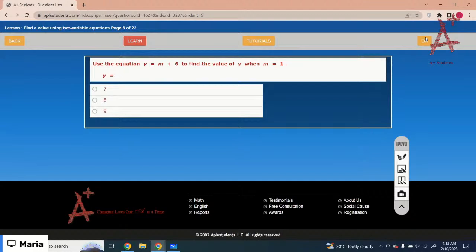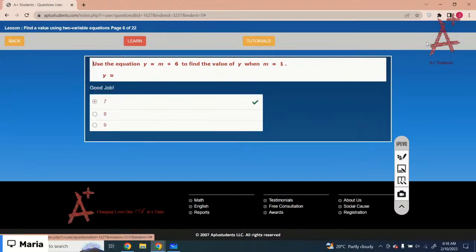So y equals 6 plus 1, that would be 7. So the correct option is 7. Just select the correct option, then click on the OK button. Very good, Glory.